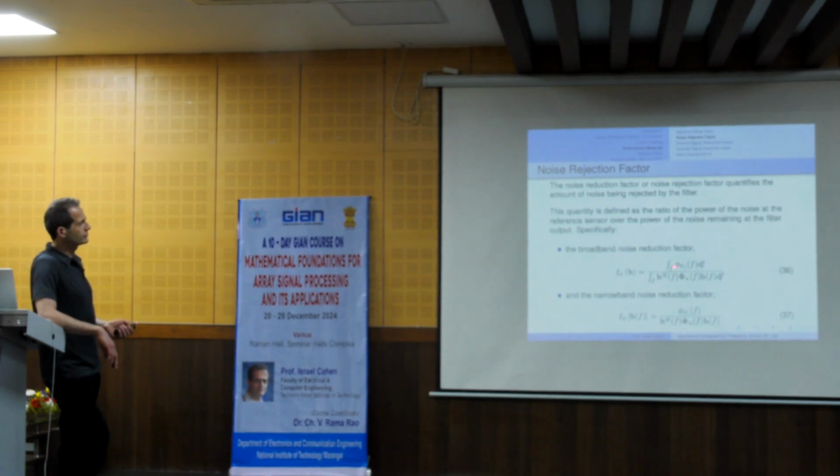The broadband noise reduction factor is the integral of the power of the noise at the reference sensor divided by the total power of the residual noise at the output of the filter. We want this ratio to be as large as possible. And also we can define it for the narrowband, for each frequency separately.